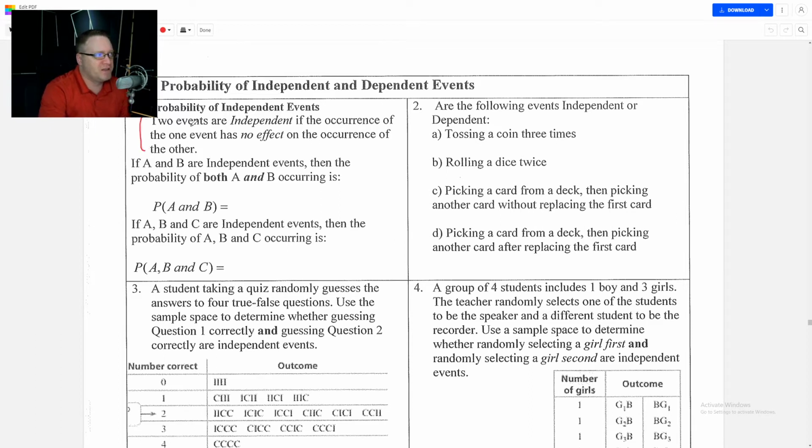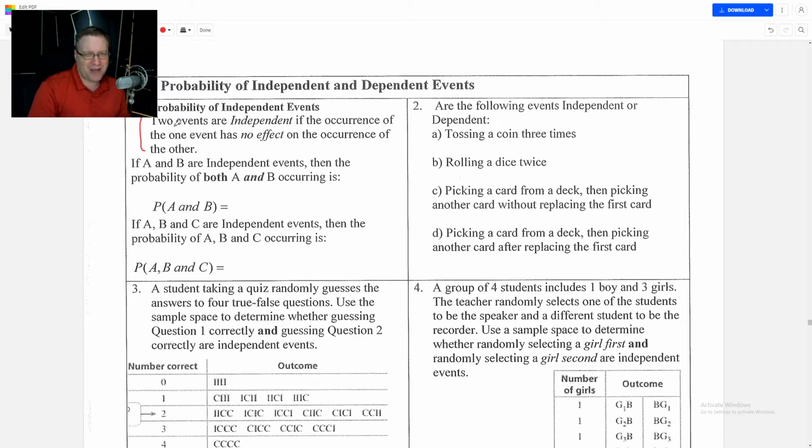The definition says that two events are independent if the occurrence of one event has no effect on the occurrence of the other event. So, for example, if I am flipping a coin and J is rolling a die, we can assume that these two events are independent.